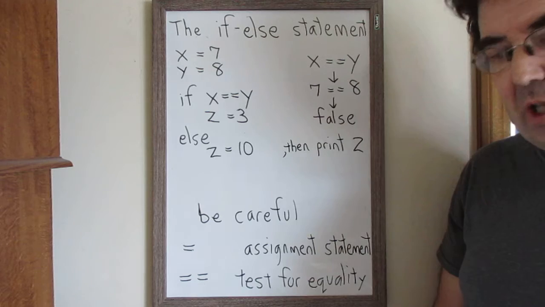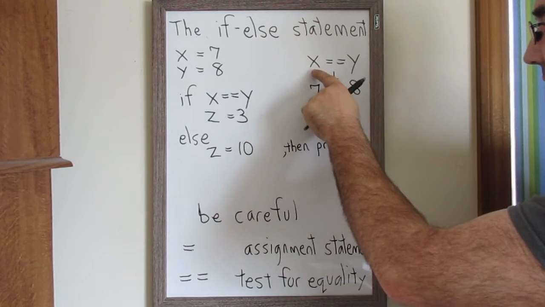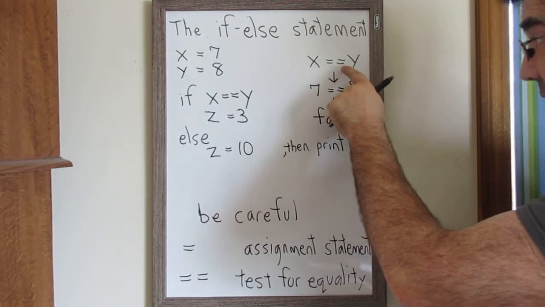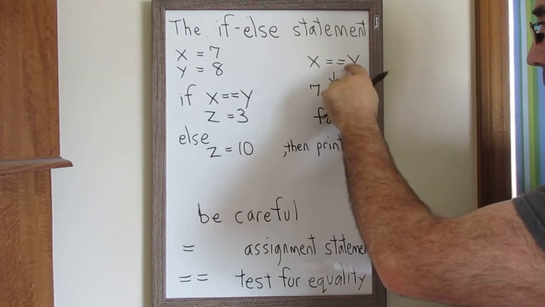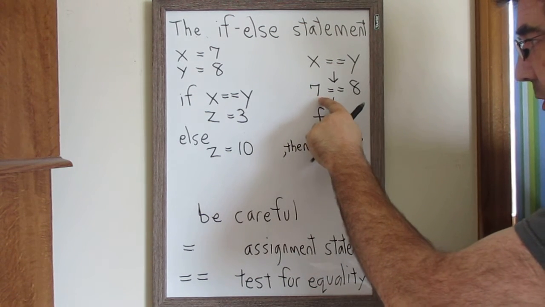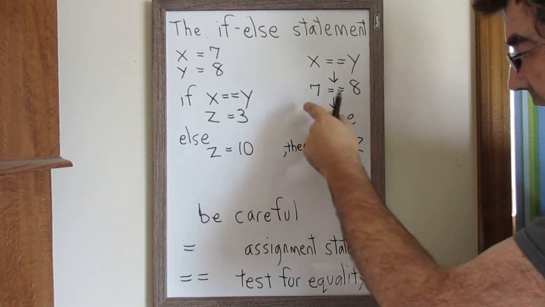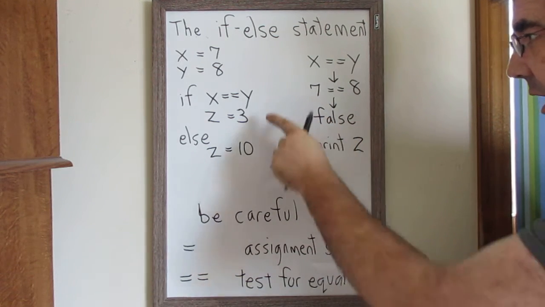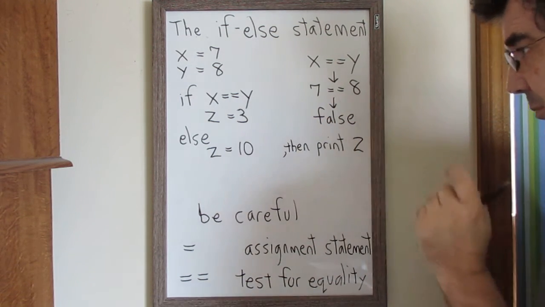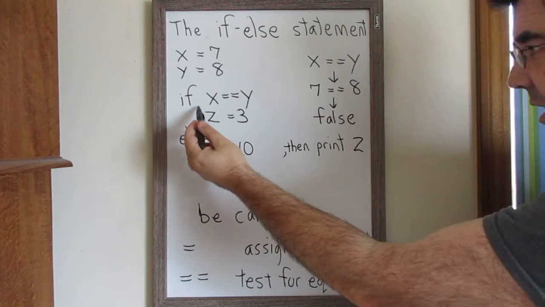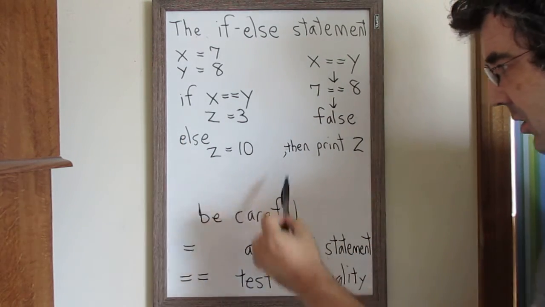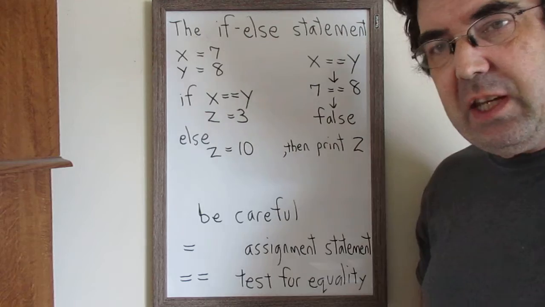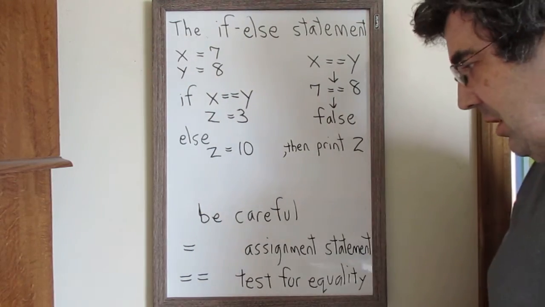We do expression evaluation. Is x equal to y? Yes, no. x equal y evaluates to 7 equal 8. That, of course, evaluates to false, which means this does not get executed, but this does get executed. So when you print out C, you will get 10, not 3.